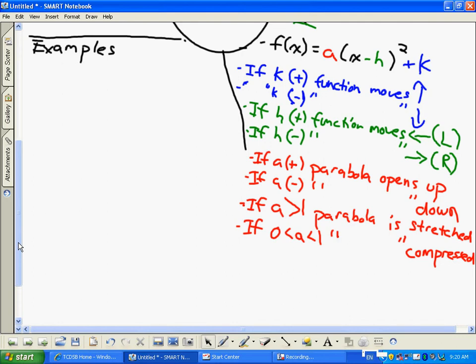Any other characteristics you guys want to add to this for your notes? These are your notes. If a function, I'm going to ask you one other one, okay? We'll say it's a continuous line, and I have to write domain and range in the style we've been using.